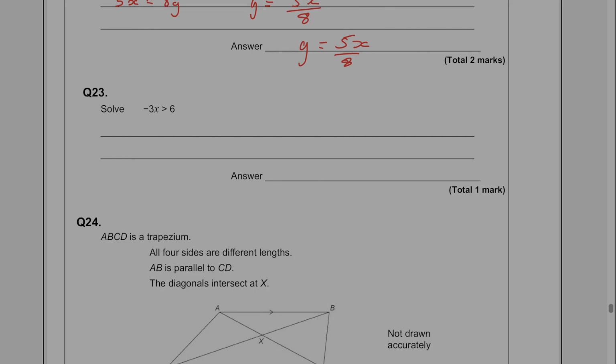The easiest way to explain this is to say, I don't want to divide by a negative number. So if I add 3x and subtract 6 from both sides, I would get 6 minus 6 is greater than 3x. Then if I divide both sides by 3, I would get -2 is greater than x. So my inequality is x is less than -2.